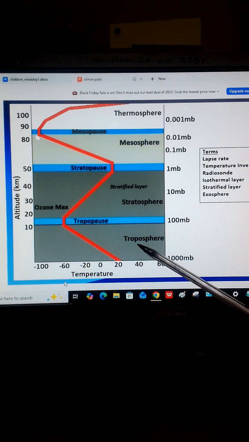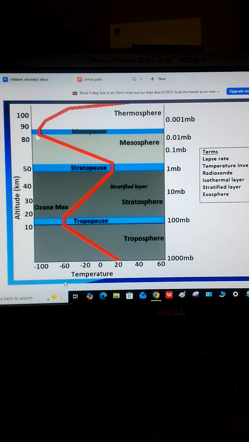The radiosonde measures various environmental parameters up there, like wind direction, speed of wind, air temperature, and so on.